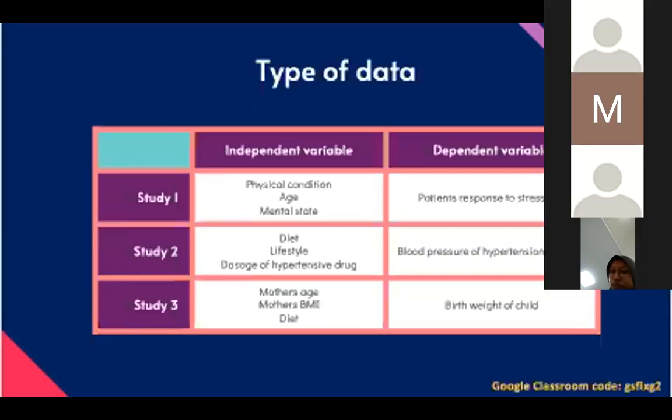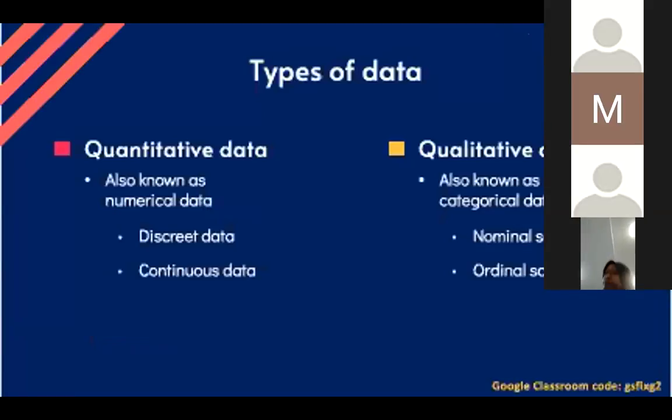And for those who have done your proposal, you can try to recall your independent and dependent variables from your objective, so that you have a better picture of what you intend to study. So basically, to summarize this, independent variables are usually the variables that you want to study, and the dependent variable is the final outcome, the response variable.